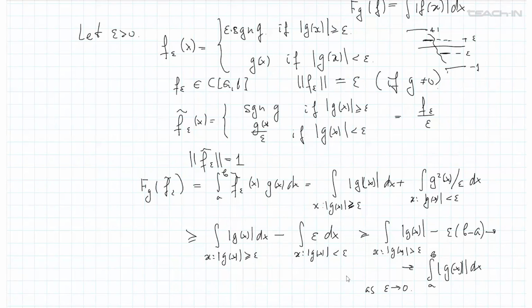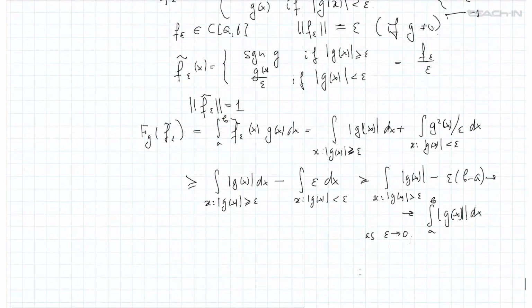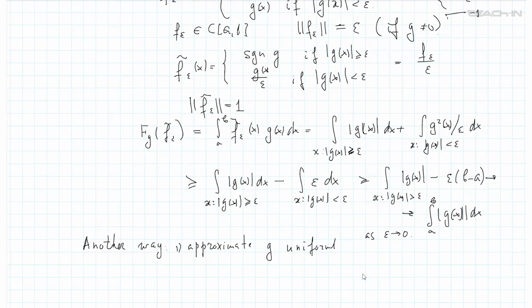Is it clear? Yes. Okay, another way, I should write another way. You can first approximate g uniformly by polynomials, by the Weierstrass theorem.